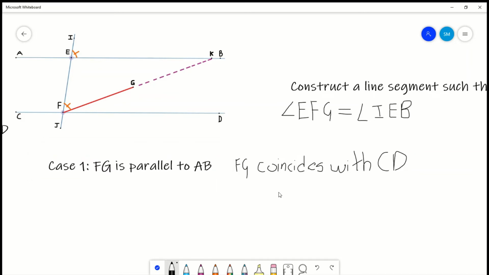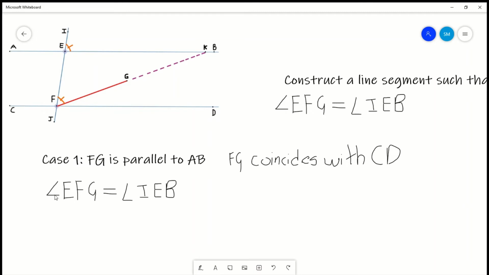Yeah, so if FG is going to be parallel to AB, FG has to coincide with CD. So if FG coincides with CD, we have constructed FG such that angle IEB equals angle EFG, which we have written over. I'll just copy it down.